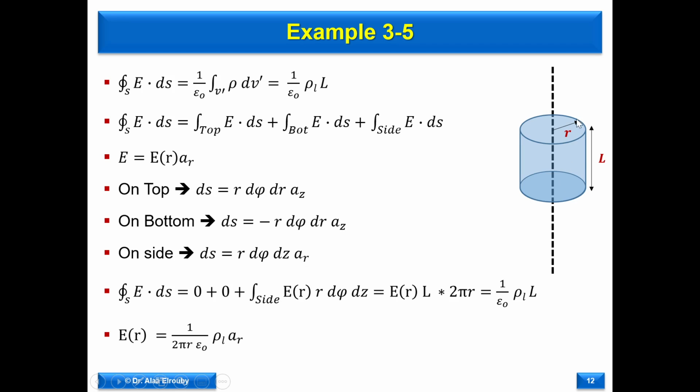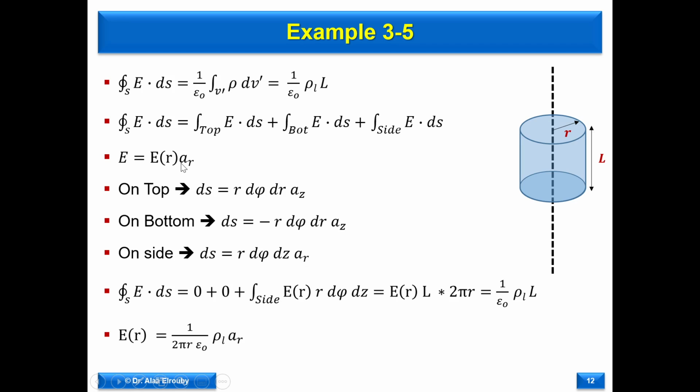On the side, ds is in the AR direction, and its expression is R d phi dz. All of those were covered in the orthogonal coordinate system lecture number 3. So if you can't write this correctly and quickly yourself, you need to review this lecture.